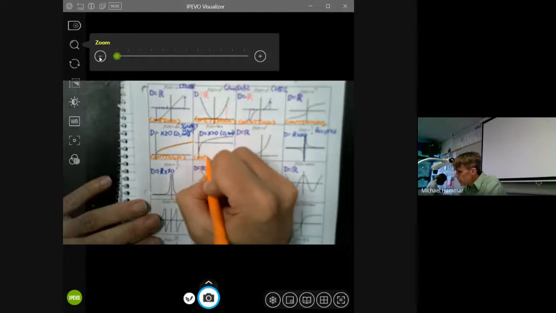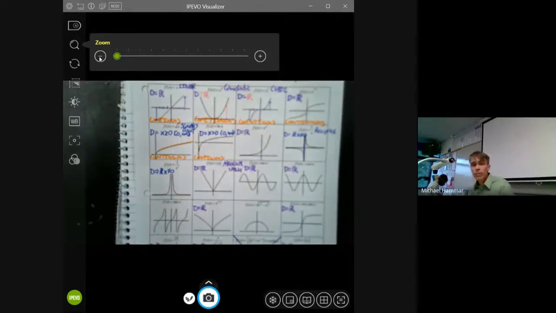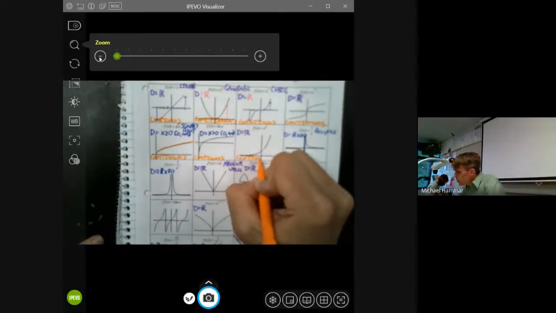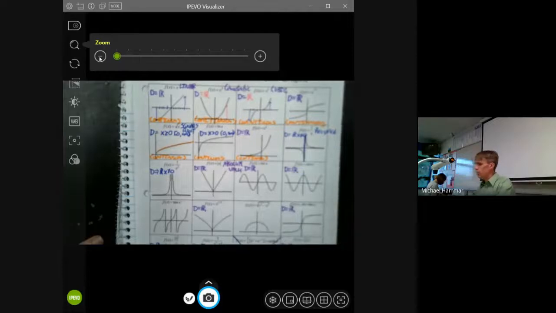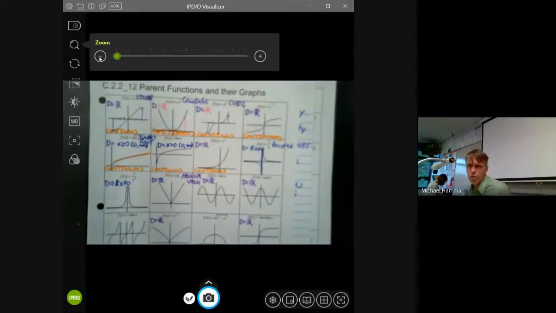This is also continuous on its domain. Even though there's an asymptote, everywhere above 0, the graph is one continuous line. This one is also continuous on its domain. Now we run into this little bad boy over here, 1 over x. It's a reciprocal function.